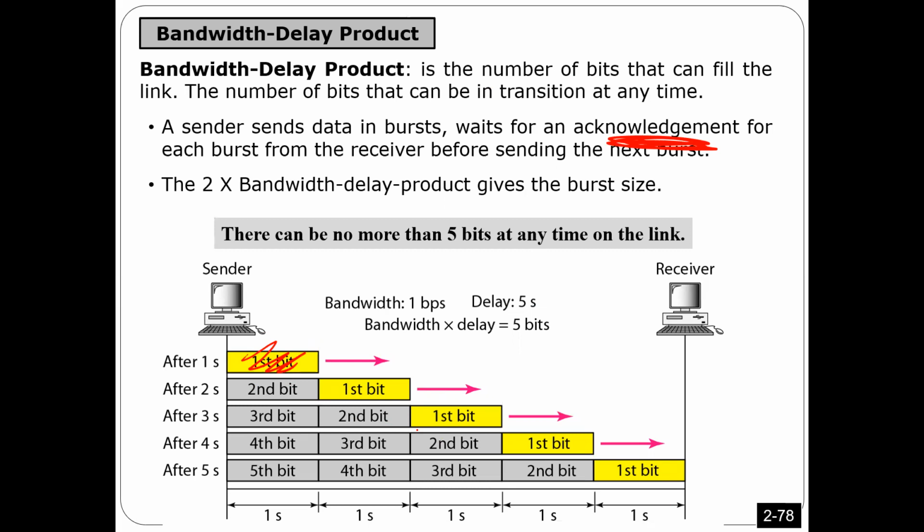So number one, the metric is the multiplication of bandwidth by delay. Number two, the unit is number of bits. Number three, the meaning of it is how many bits can be in transition, or in the cable at the same time.